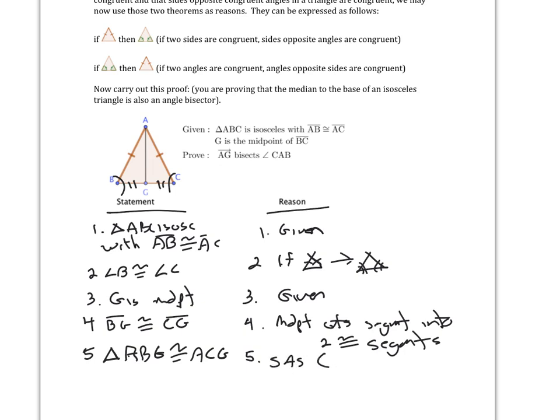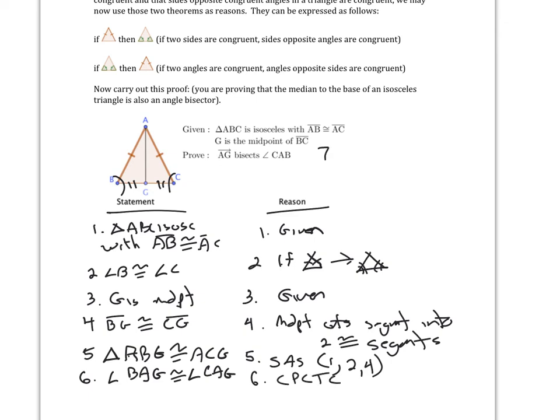That came from step 1, where we got the two sides, step 2, where we got the two angles, and step 4, where we got the other two sides. Now as our last step, we can say that angle BAG is congruent to angle CAG, and that would be CPCTC. It's not actually our last step.